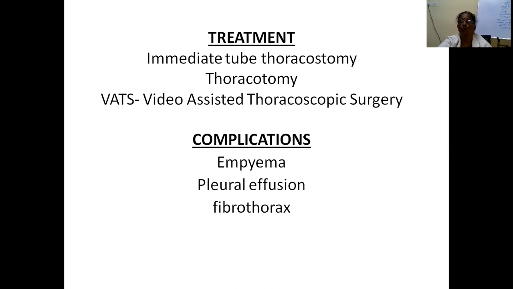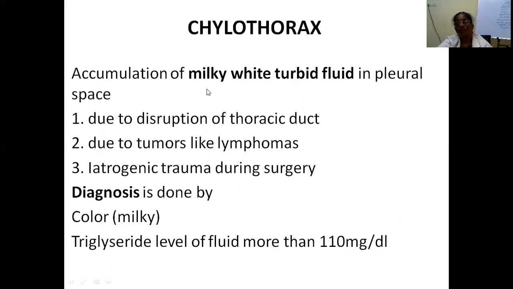We should do tube thoracostomy, or if the hemothorax is not clearing, we can do VATS also. And as blood is a good culture medium for bacteria, if hemothorax is not drained properly and immediately, it may turn into empyema.